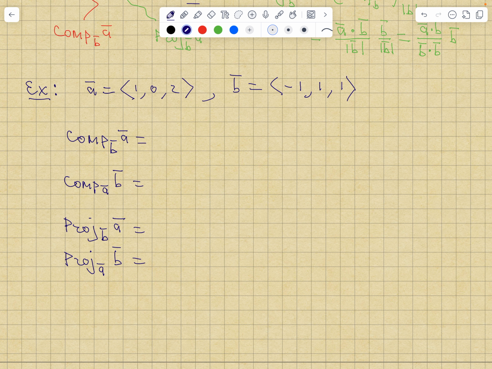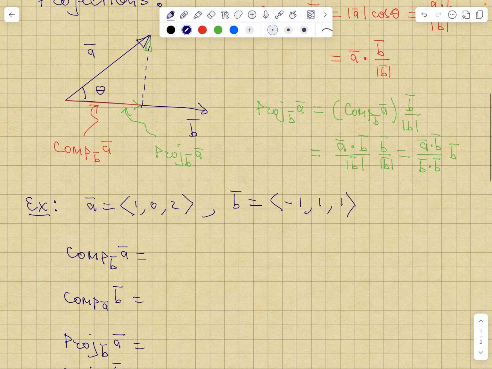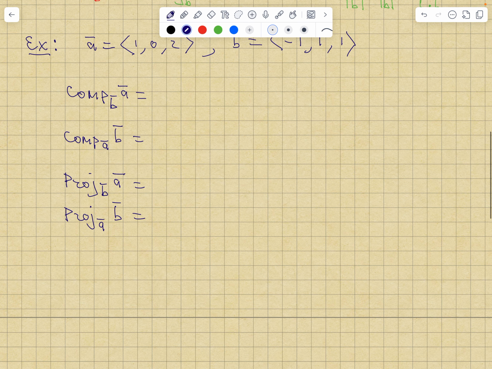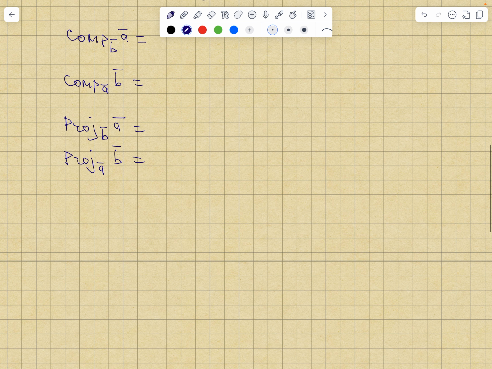Now, I hope that you can easily see that, for example, comp AB and comp BA are not the same thing, right? Because, again, if I have two vectors like so, and I find the projection of A onto B, or component of A along B, I'm going to get this length.